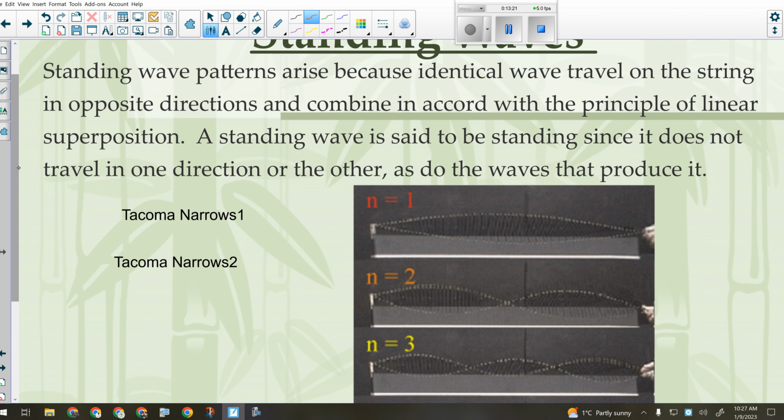In most cases that are not involving music, we don't want standing waves to form, because if they do, they are going to result in large movements of the medium. The medium could include things like buildings, bridges, and things like that. If I get a standing wave forming in a building, the building will collapse.